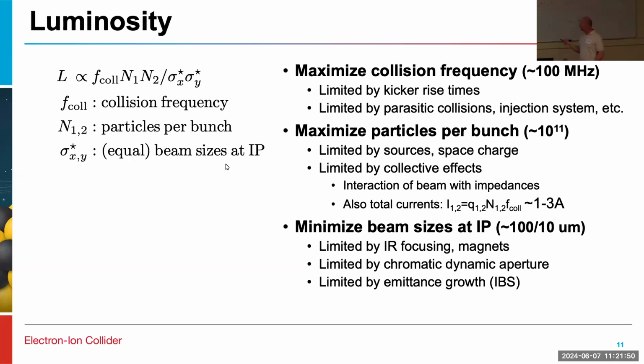And last but not least, there's also a limitation for this beam size. That's basically a limitation on the achievable emittance. That is by IBS, intra-beam scattering. So all the particles, as they move around in a bunch, go through these focusing elements. The focusing elements kick them transversely.